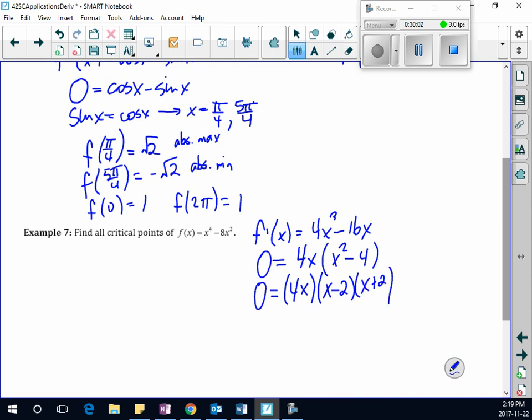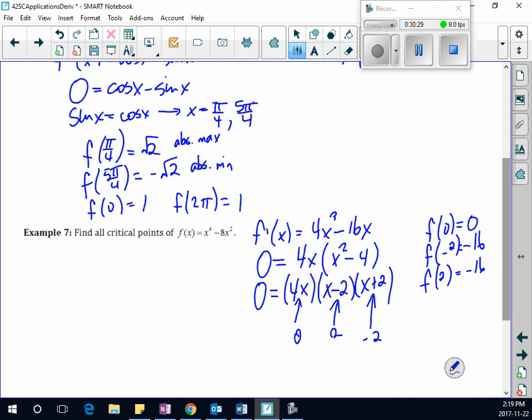So that means this is an open interval, right? It's all reals. So the critical points will be at 0, 2, and negative 2. Again, for time's sake, f of 0 is 0, f of negative 2 is negative 16, and f of positive 2 is negative 16. Wow.